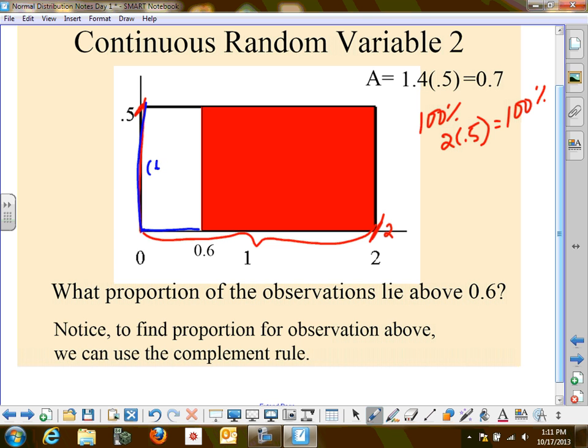If I do 0.6 times 1/2, I get 0.3, which is 30%. Very good. That's not the area of the red piece. That's the area of the white piece. So therefore, thinking complement, 100% minus this 30% gives me how much in the red piece? 70%. Okay, good. What's another way that I could come up with this 70% straight away?